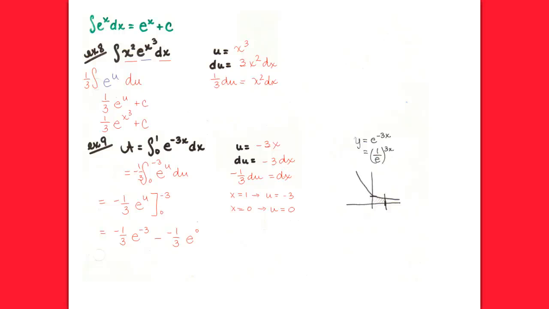What's e to the 0? 1. So that's about the only simplification we could do here. Minus the negative is going to be plus. 1/3 times 1 is going to give us plus 1/3. And again, you may see them take out a common factor of 1/3 and write it in the factored form, or write it in the distributed form. Either one. Really just a matter of matching the answers.